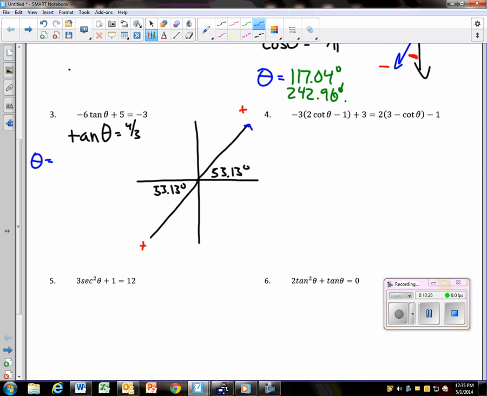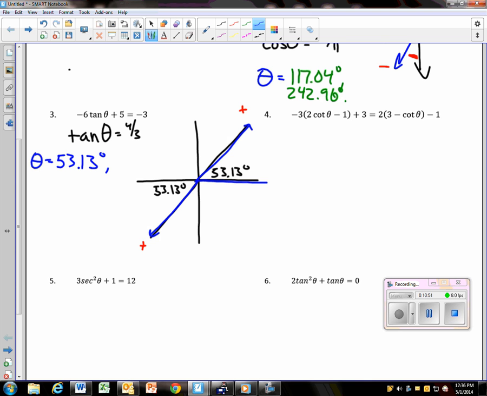Terminal side would be this guy right here. So this is the terminal side, this is the initial side. So that's the ending spot of your angle. If you were to rotate, this would be the point at which you would stop. Terminal side means end, that's where you would stop. So between that and the x-axis, theta is 53.13 degrees.